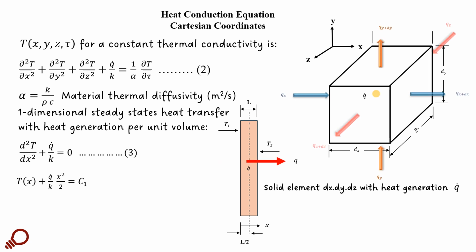So the general form which we derived before, and called the magic equation, which is used for a plane wall experiencing heat conduction and heat generation in steady state conditions, is represented by equation number 4. Of course, this equation will be repeatedly used throughout this series of videos for applying different boundary conditions.